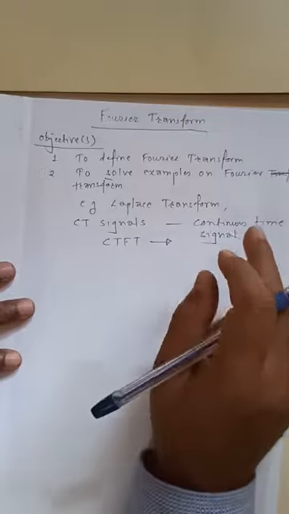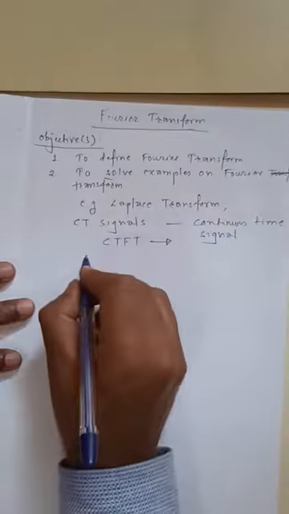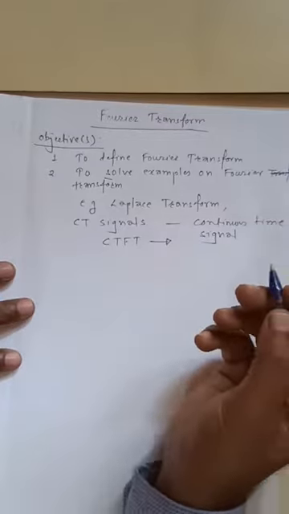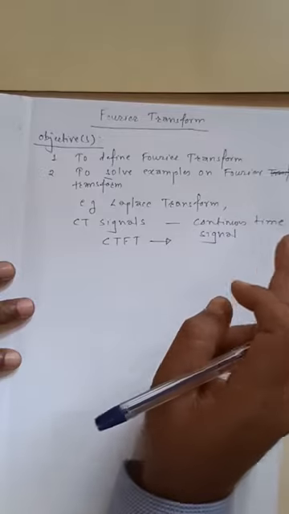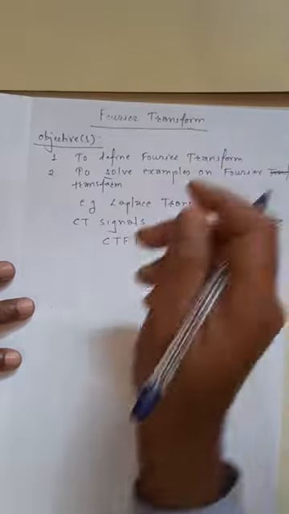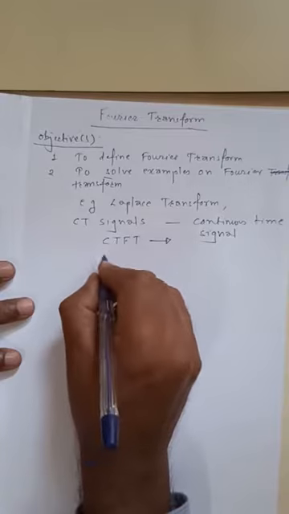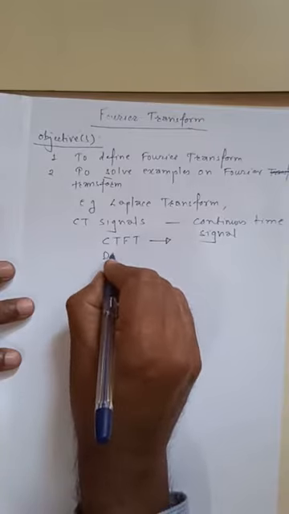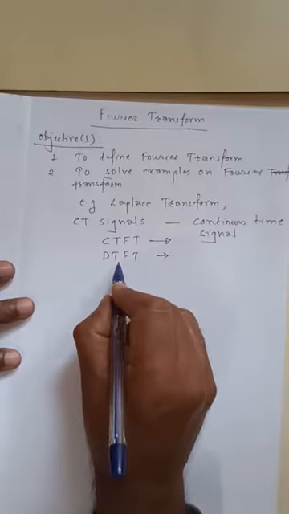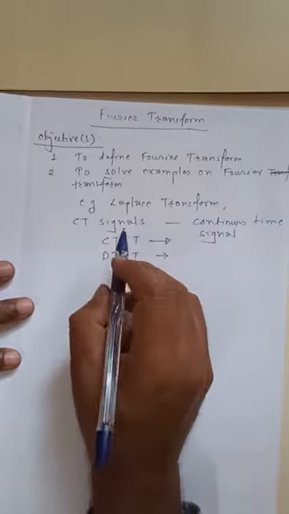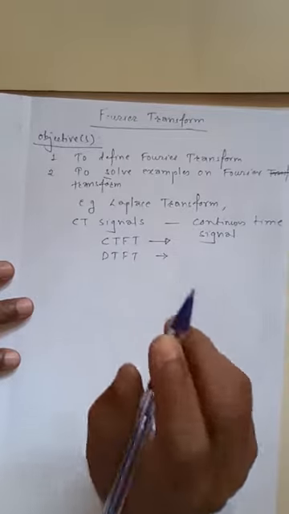If the Fourier transform is applied to the discrete time signal, as we know the DT signals have discrete values at discrete instances, it is abbreviated as DTFT, discrete time Fourier transform. And now we are looking into continuous time Fourier transform.